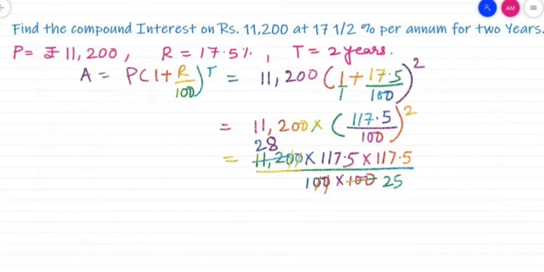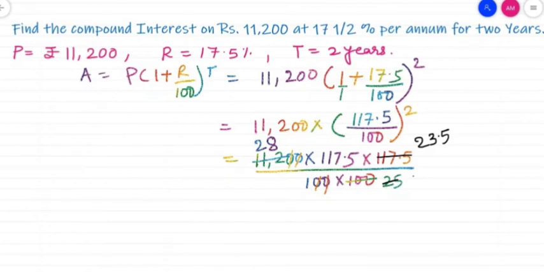Now 25 is divisible by 5, and 117.5 is also divisible by 5. Five fives are 25. Here we have written wrong; this is not 1, this should be 5.